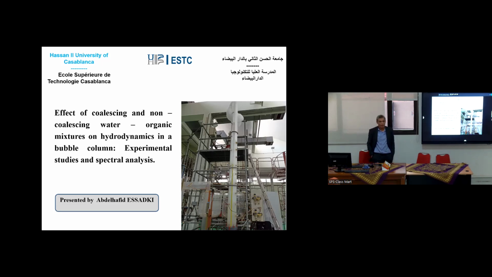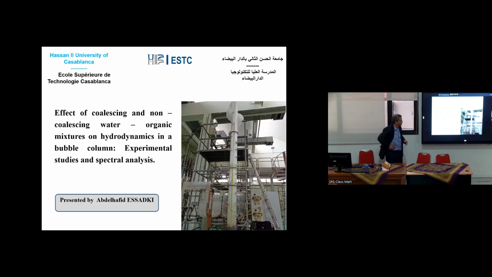By which technique, which process? By absorption. You have to put the gas into the liquid. This is the technique, and that's why we use, for example, the bubble column.